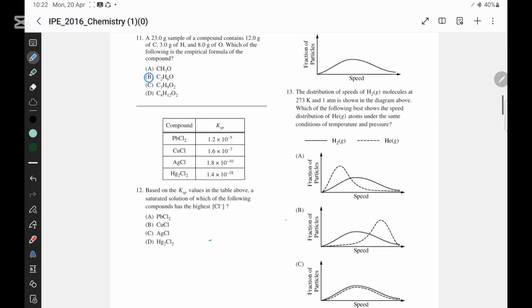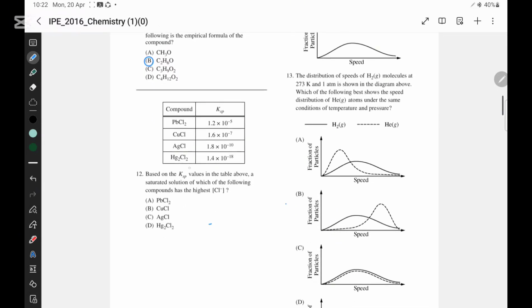So for the next question, based on the Ksp value, Ksp is the solubility product, and it tells you how much a salt is soluble in water.